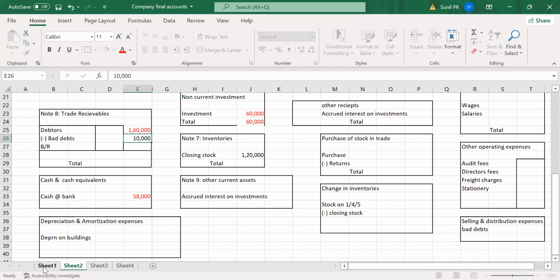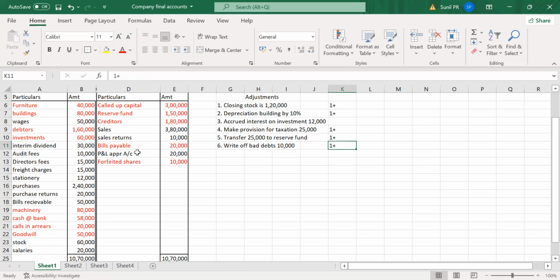Next, is there any bills receivable? See in the question, bills receivable is there? Bills receivable is 50,000. So make it red.